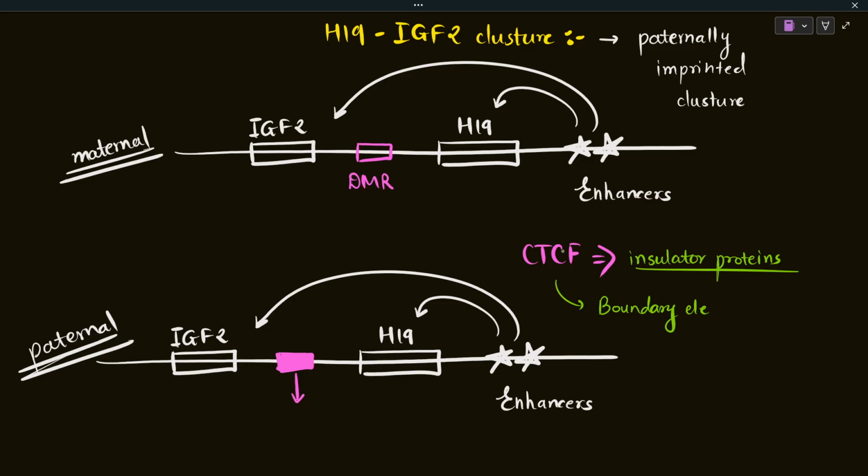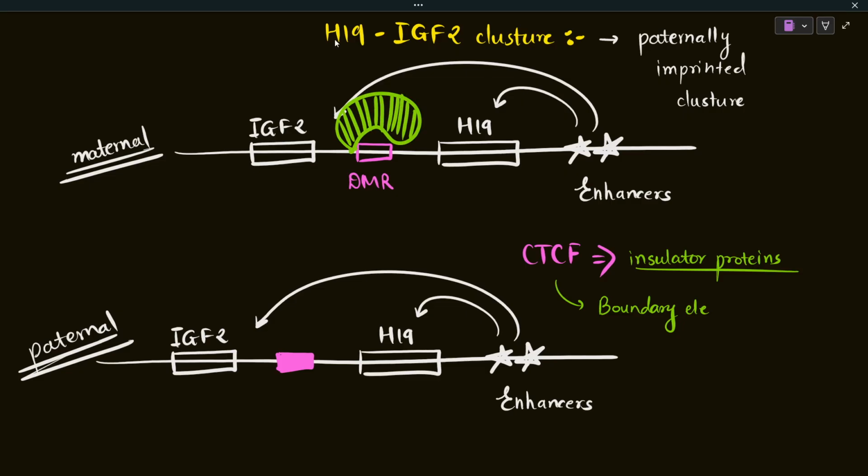Whenever the CTCF binding site is methylated, CTCF can't bind to it. So in the paternal allele, as the binding site is methylated, CTCF cannot bind, but in the maternal allele, CTCF can bind because it is not methylated.